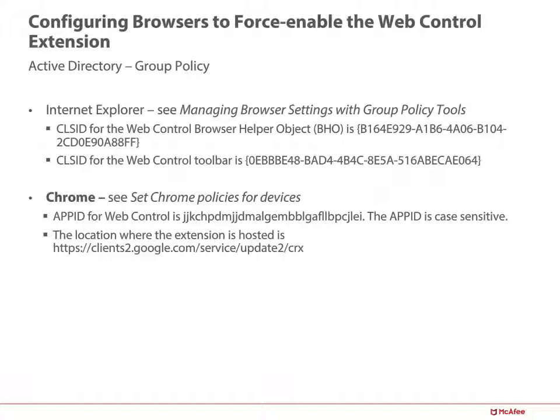For Chrome, see the Google Set Chrome Policies for Devices and understand the APPID for web control is this right here, and it is case sensitive. The location where the extension is hosted is the list that we have right on this particular screen.